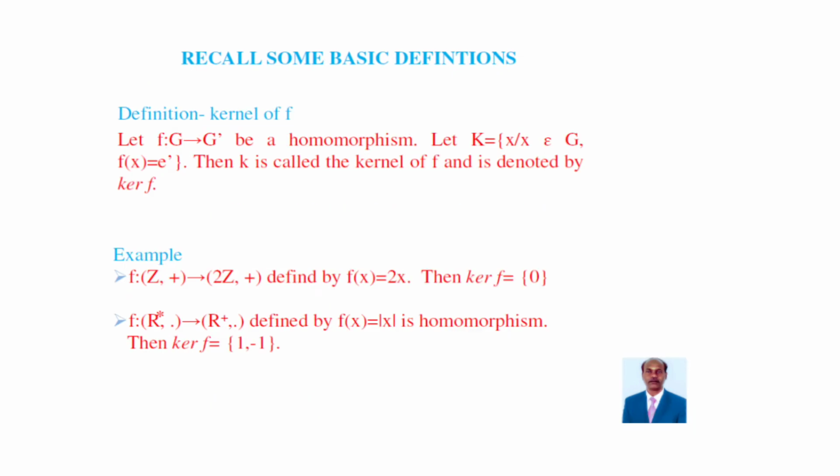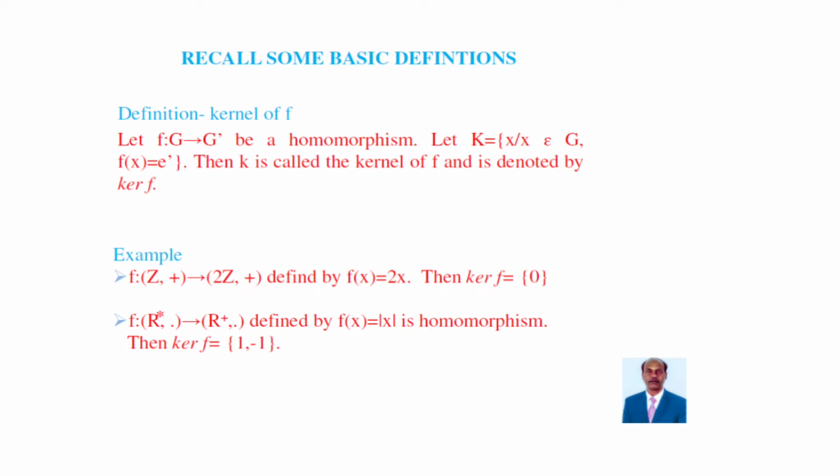So now we define the kernel of f. Let f from G to G dash be a homomorphism. Let K be the set of all x such that x belongs to G and f of x equals E dash.